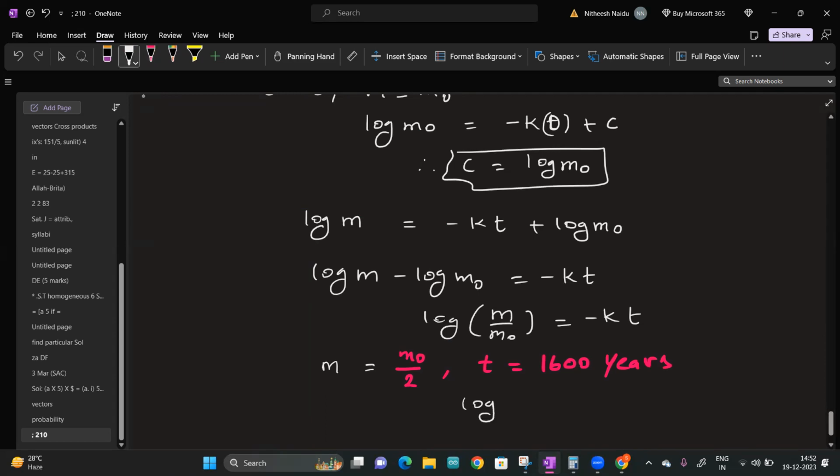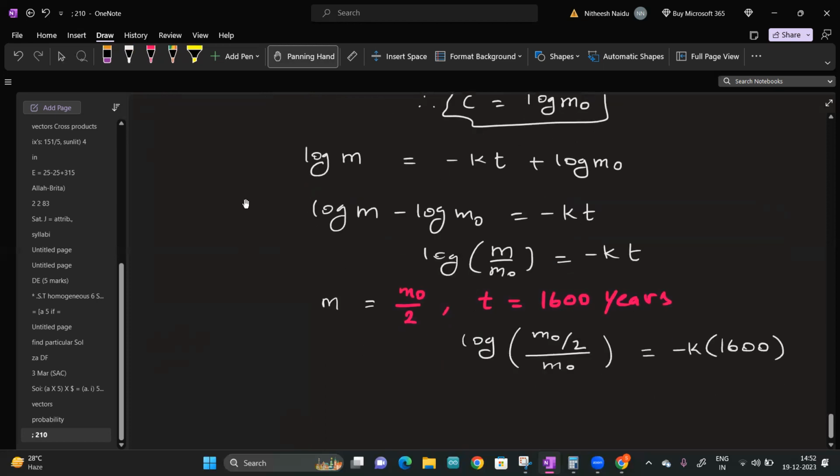So write down m value will be m naught by 2 by m naught is equal to minus k into 1600 years. Okay, done. Next, m naught got cancelled. So log 1 by 2 is equal to minus k into 1600. Now E is equal to.